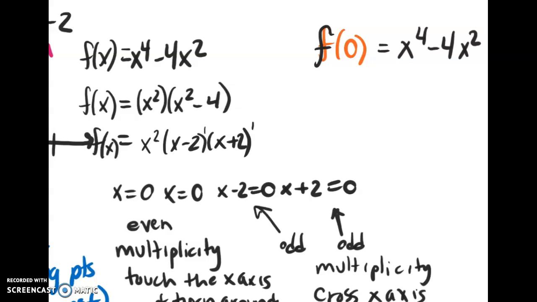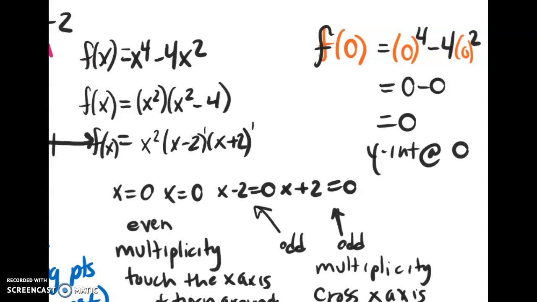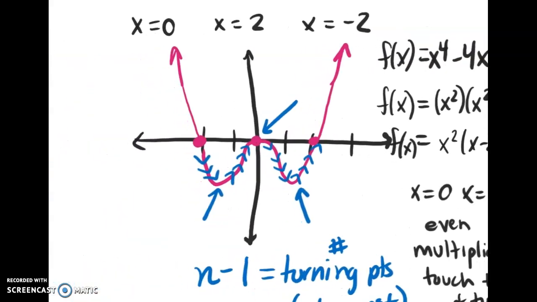So in place of the x's, I'm going to evaluate the function at 0. Now in this one, when I plug in 0, 0 to the 4th is 0, 0 squared is 0, and then multiply by 4, still 0. So 0 minus 0 is 0. So you're going to have a y-intercept at 0, which is what we saw here. Where does it cross the y-axis? Right here at 0.